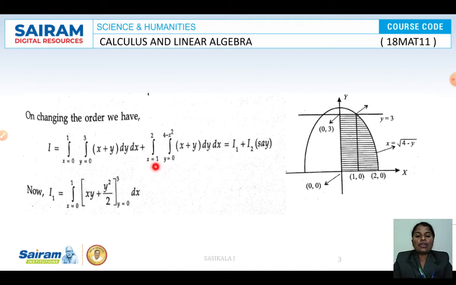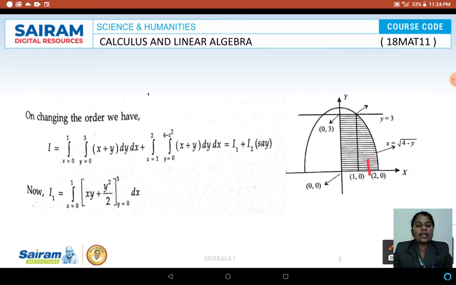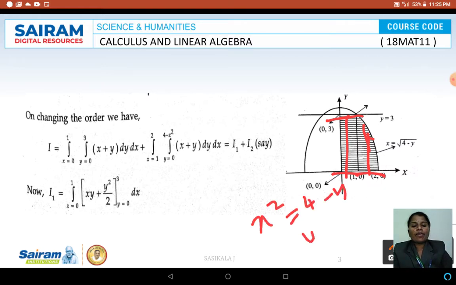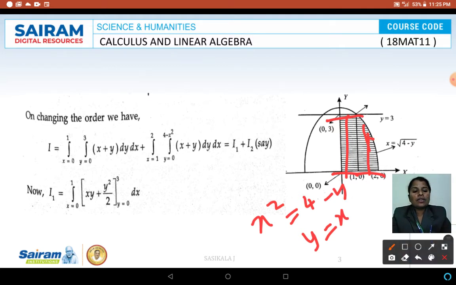Plus the integration of x from 1 to 2, where y varies from 0, the lower limit, and ends at the curve x squared equal to 4 minus y. So y is 4 minus x squared.